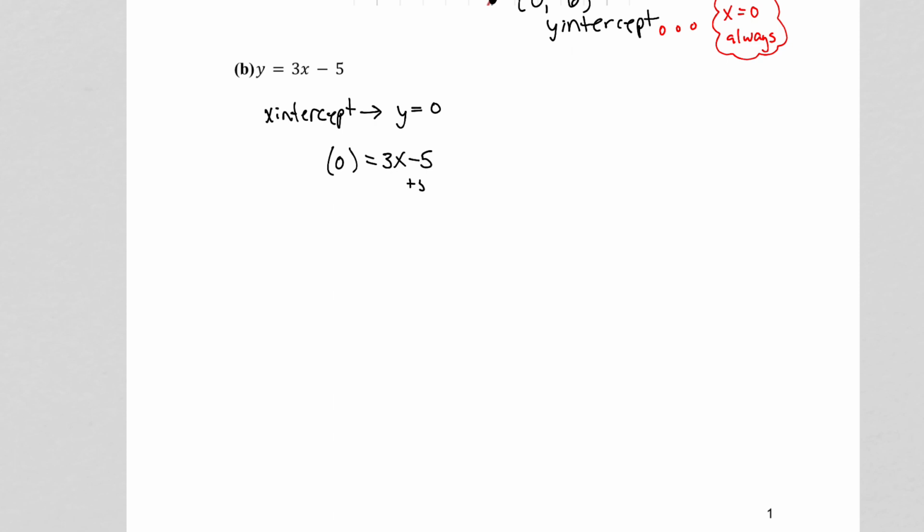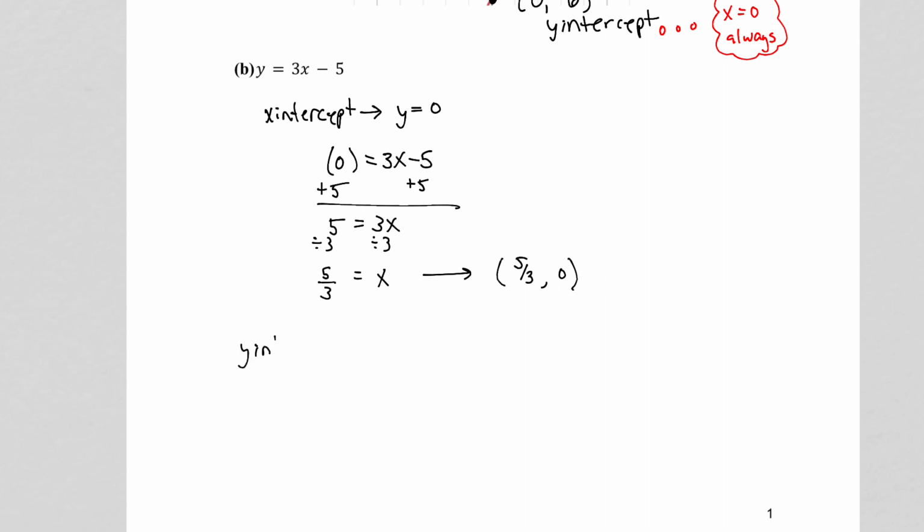So I'm going to add 5 to both sides. I'm going to divide both sides by 3 in order to get x alone, and we end up with 5/3. So our x-intercept is at 5/3, 0.